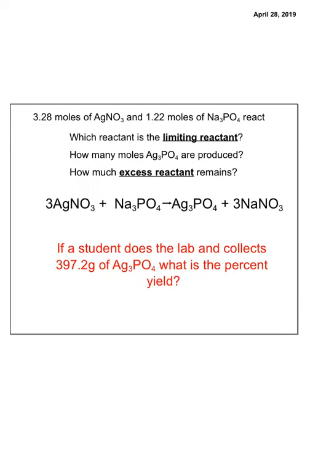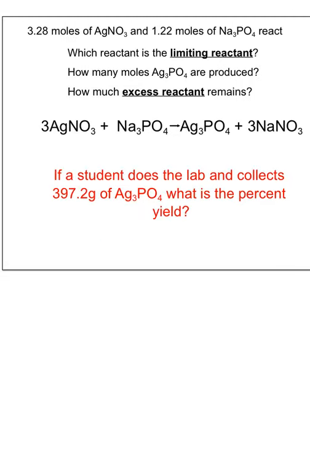All right, same problem, but now I'm adding a different thing. A student does the lab and collects 397.2 grams of Ag3PO4, and I want to know what this kid's percent yield is. So what we need to know for percent yield is probably a formula that would be helpful.